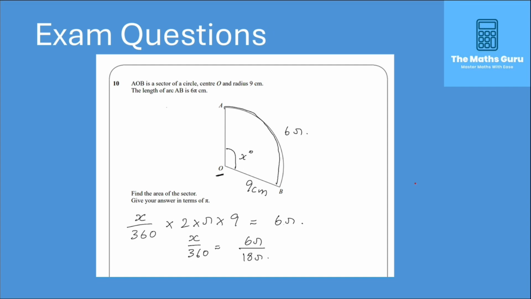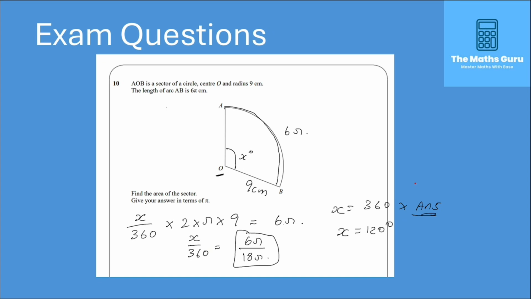Then we get our angle, x is equal to 360 times our answer, and then we get x is equal to 120 degrees.